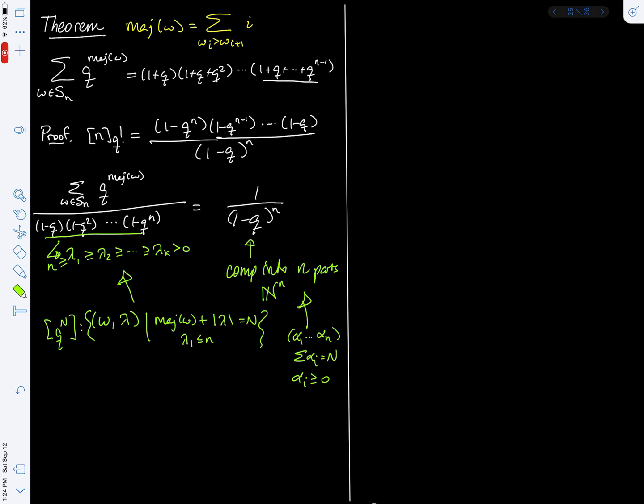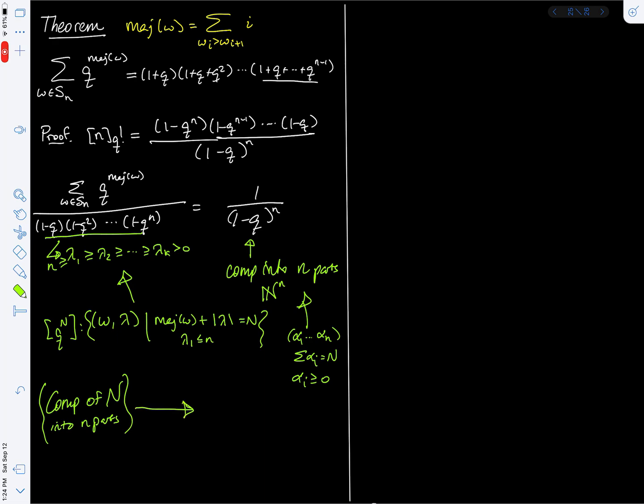So really what we want to do is construct a bijection. So we want a bijection that goes from compositions of capital N, some number capital N, that's going to tell me what my coefficient is, into n parts.